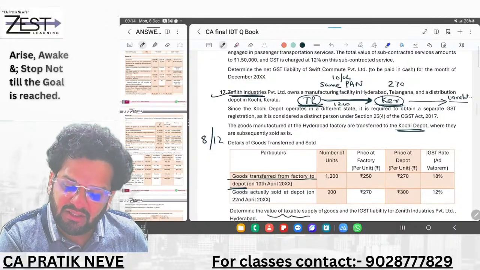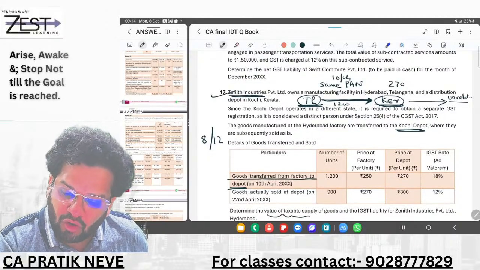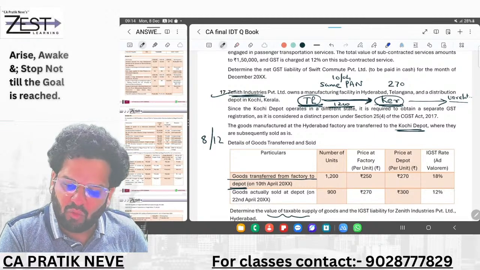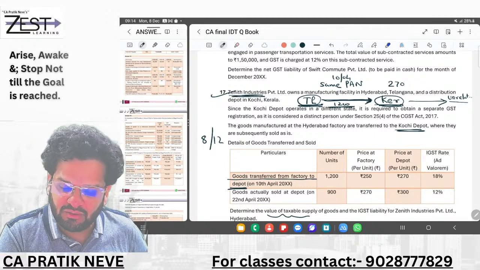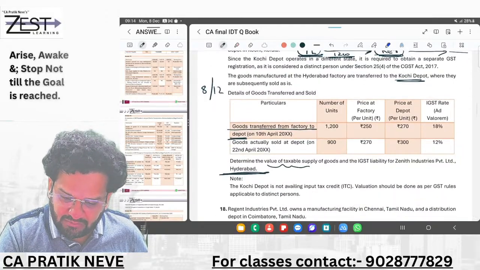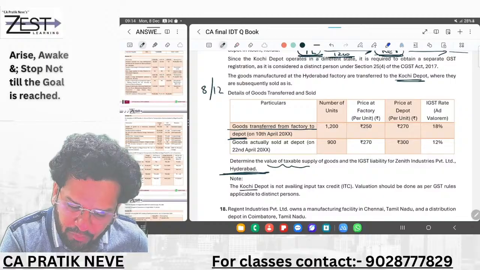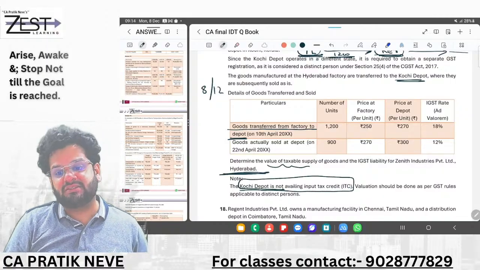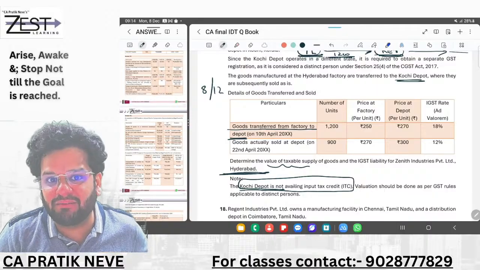Means for this Telangana unit, for these 1200 goods, what is the assessable value? That is the question. So friends, in such case, Kochi depot is not availing ITC. In such case, how to find assessable value?